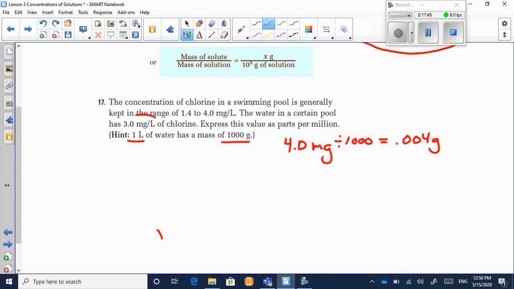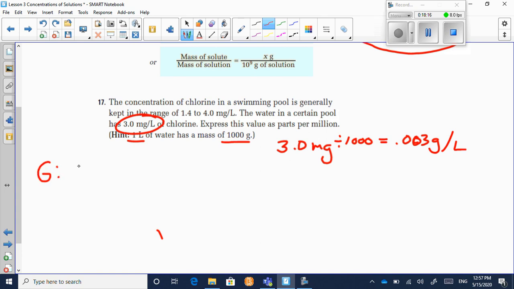Oh, I'm sorry. We were actually doing it for this one, so let me just fix that up. Okay, here we go. So it was 3 that we were interested in, which is 0.003 grams per liter. Okay, so here we go, given.